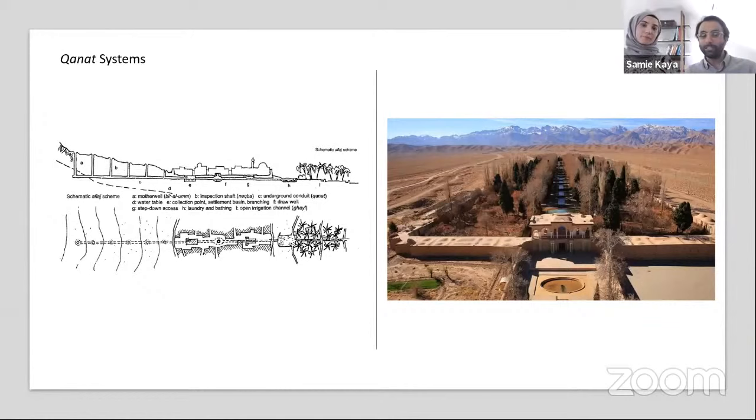The early Muslims from over 1,000 years ago understood ways of making water reach the place where they wanted it to reach. And they did this by using something called qanat, or faraj in Arabic.